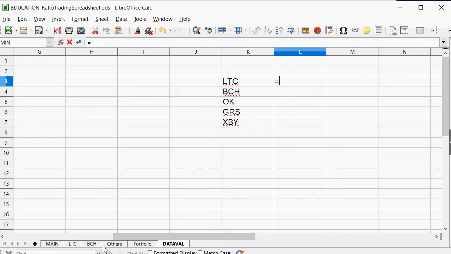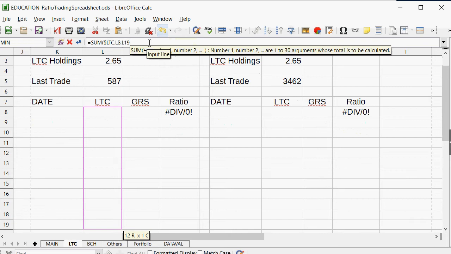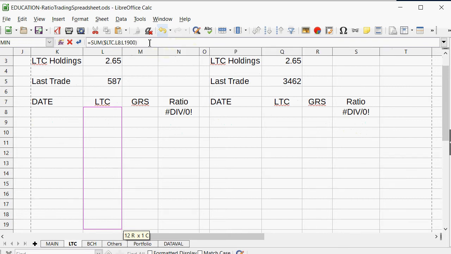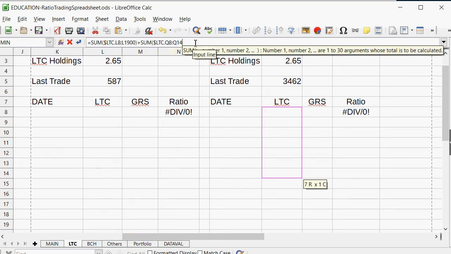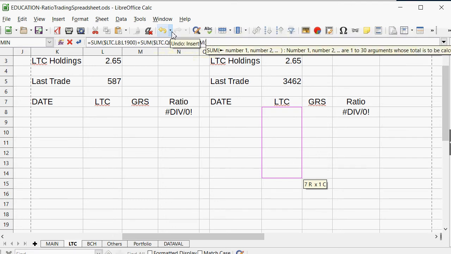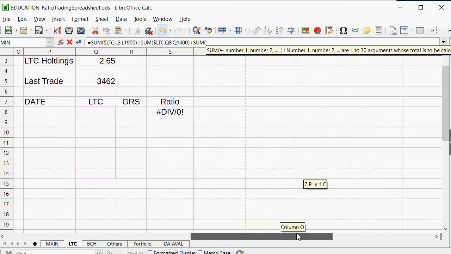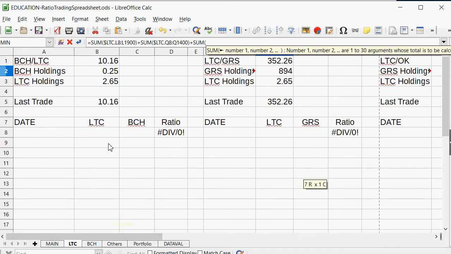So in here, this is just going to be a matter of adding the sums of everything. So this plus sum here. Plus sum of, I should have 4 of them on here.